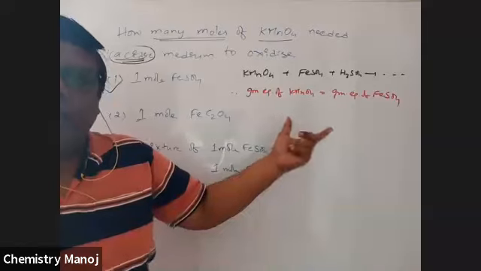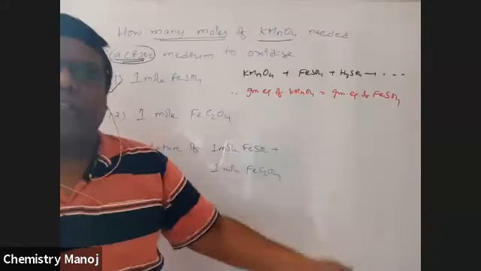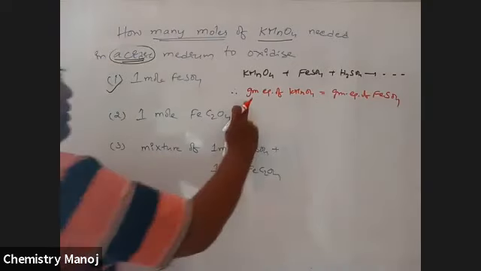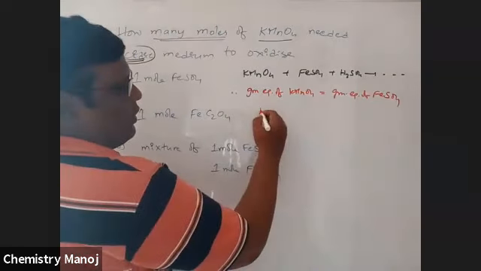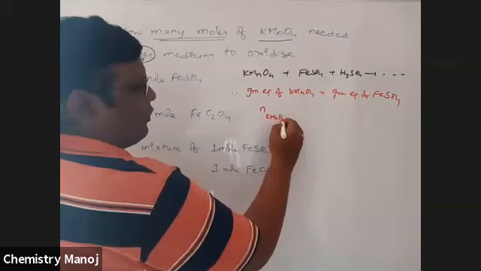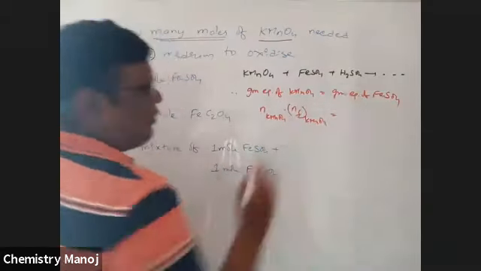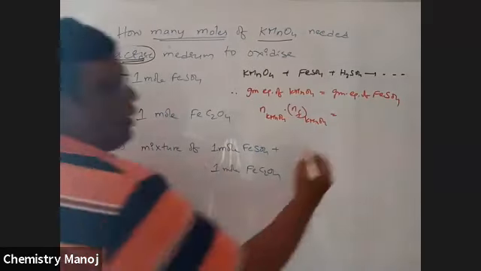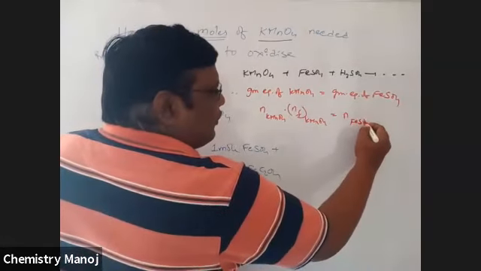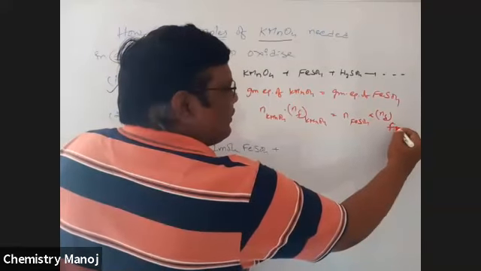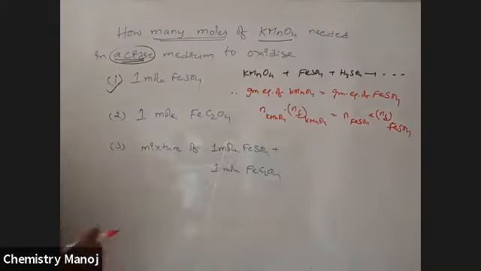Whenever a chemical reaction takes place, the reactants' gram equivalence must be equal. That is the law of chemical equivalence. Gram equivalence of KMnO4 is the number of moles of KMnO4 into n factor of KMnO4, which is equal to number of moles of FeSO4 into n factor of FeSO4.